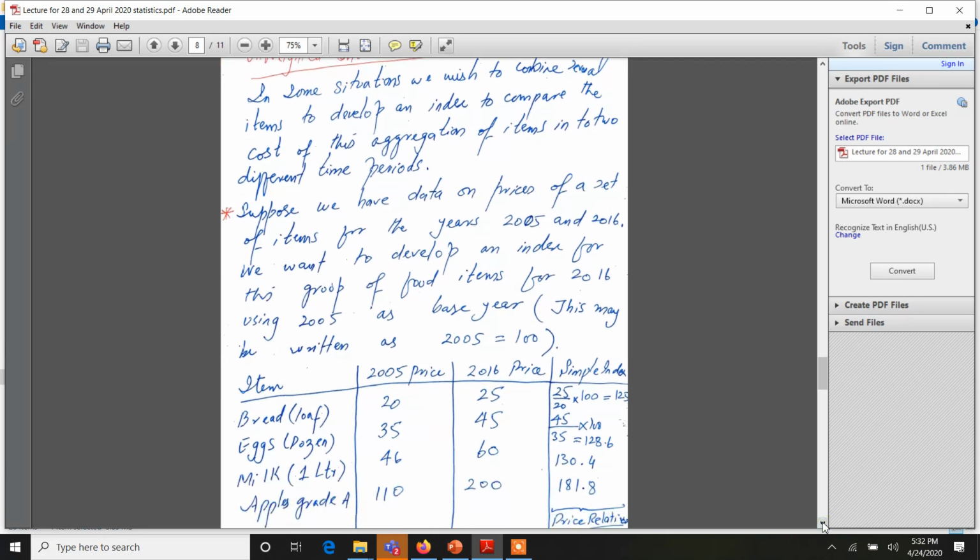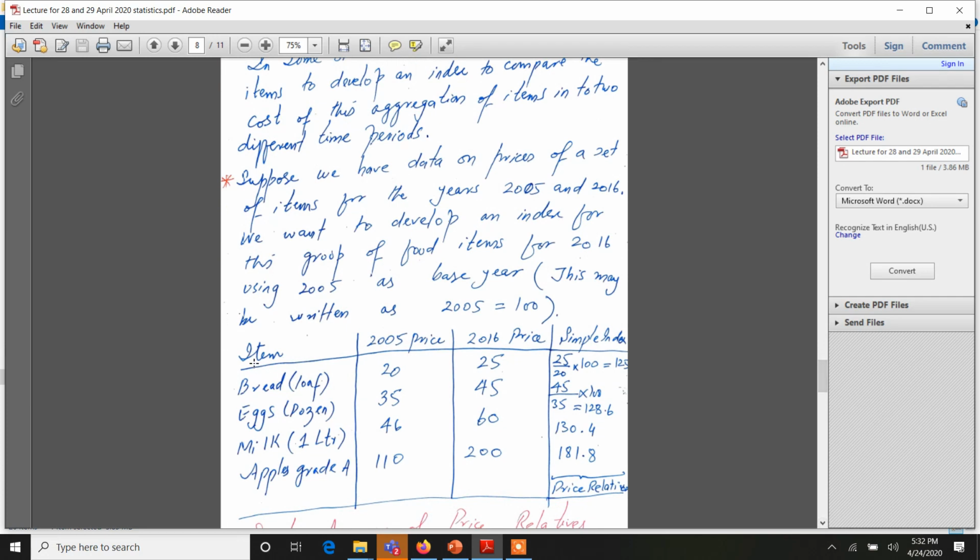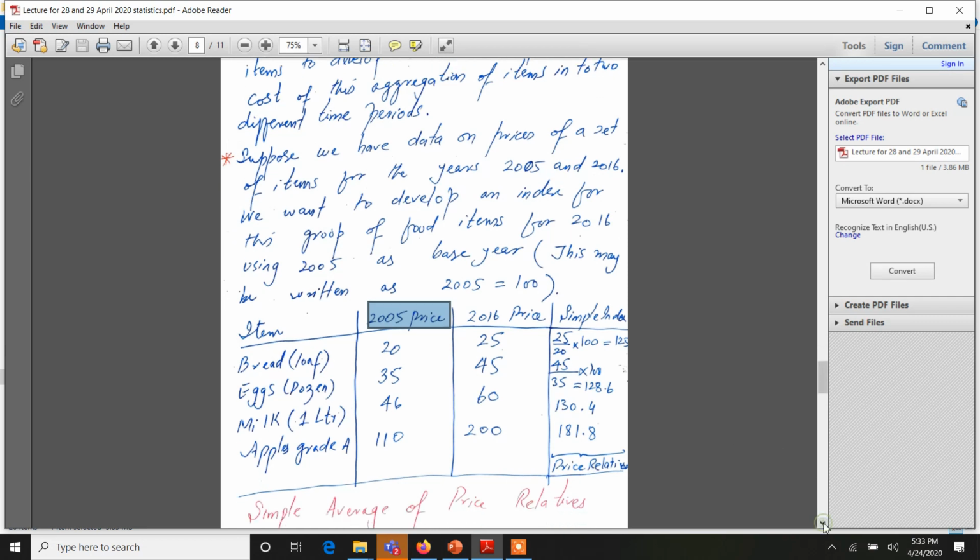For example, if we have price data for four different commodities like bread, egg, milk, and apple, for 2005 and 2016, and we want to treat 2005 as the base, I will divide the 2016 data by the 2005 data and I'll get the simple index number. These are also called price relatives.